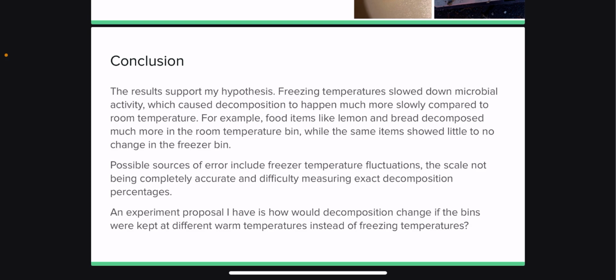I would also say that the scale wasn't always accurate. I'm not sure. And I think it's pretty hard for me to be very exact about the percentage of decomposition, since this is just based off of scaling.